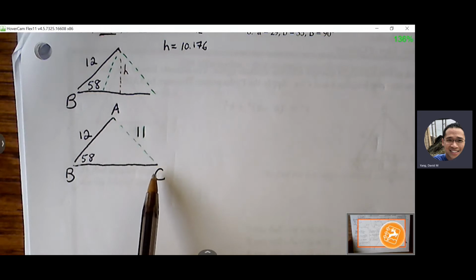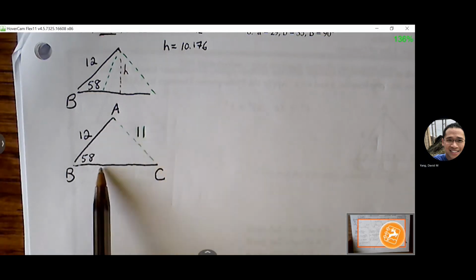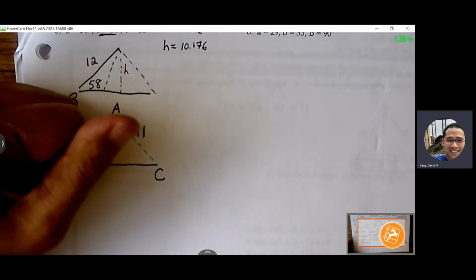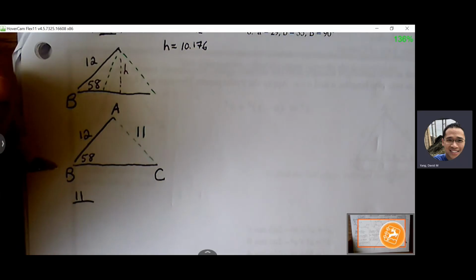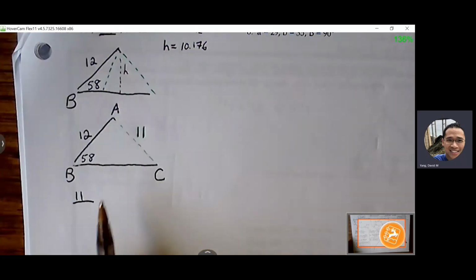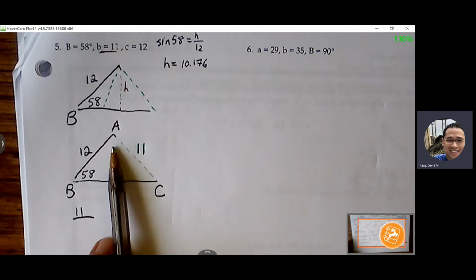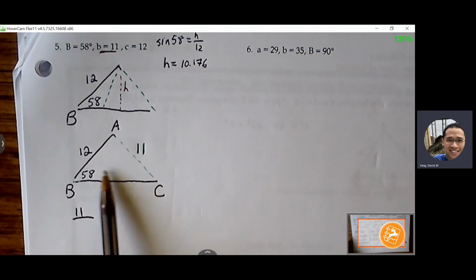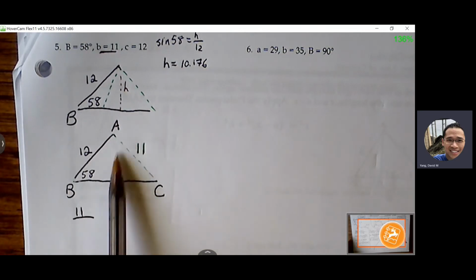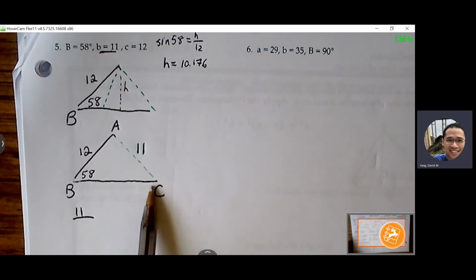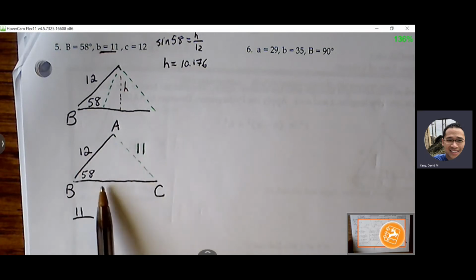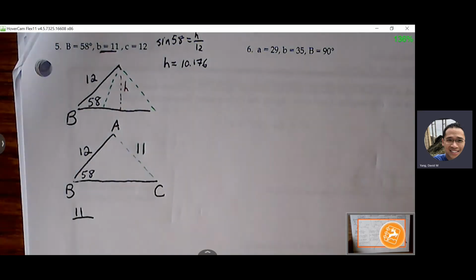Let's find angle C first. Wait, angle B? You mean angle A? Yeah, angle A, we don't have enough information, so we're kind of forced to have to use angle C and angle B here.